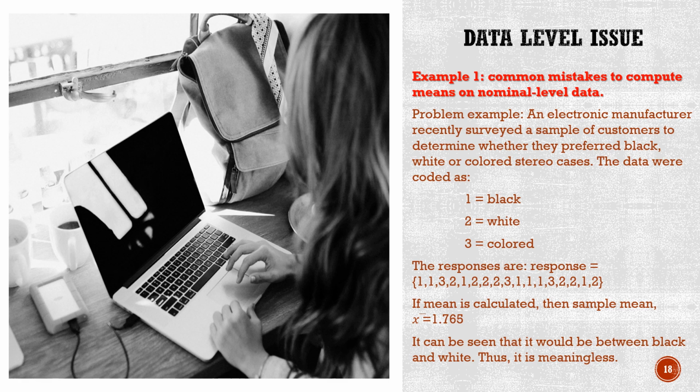Then as a conclusion, you'll notice that 1.765 is roughly equal to 2. And then you will summarize that most of the 17 customers preferred the white staircase, because white represents 2. So this is actually a misleading analysis.